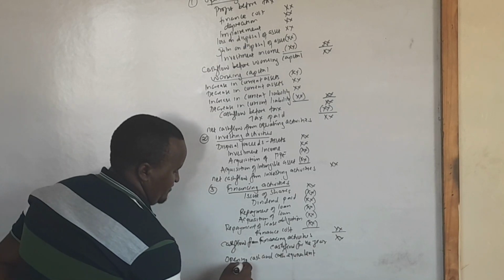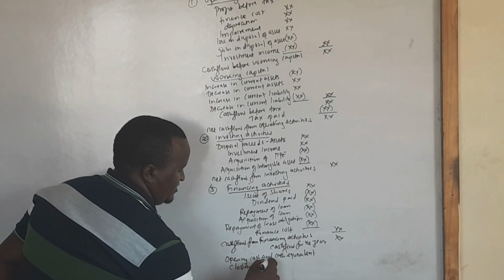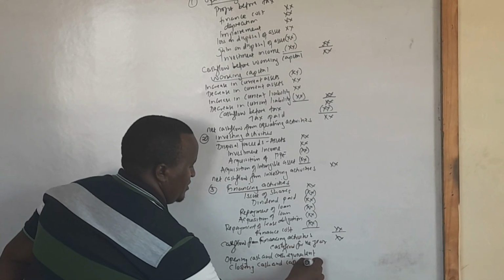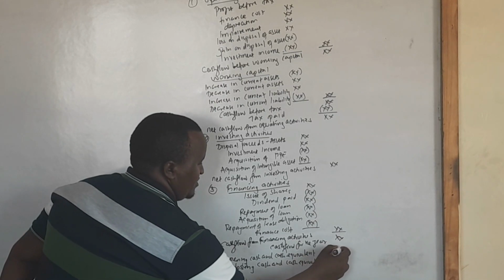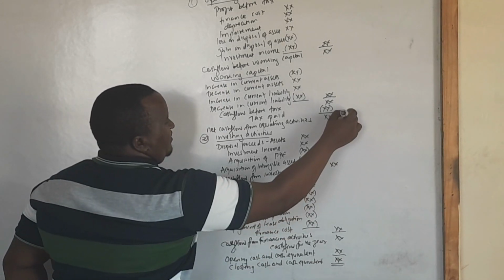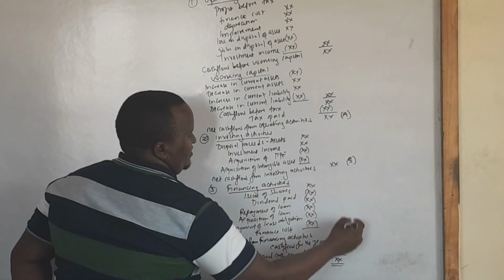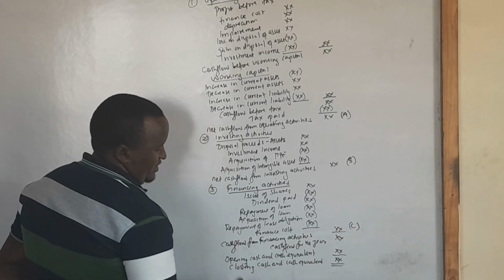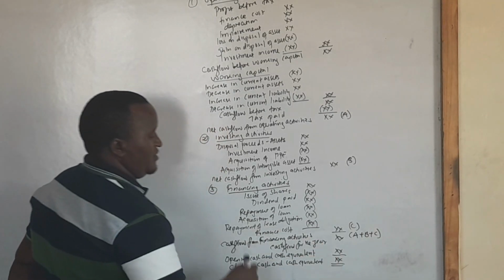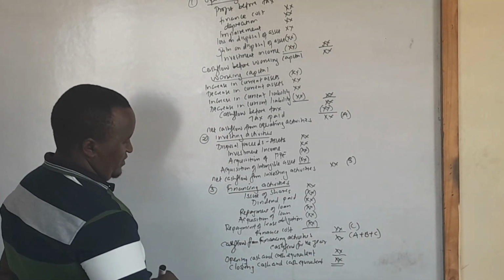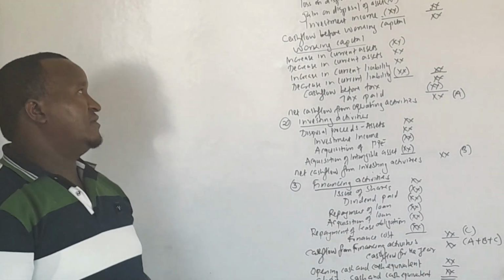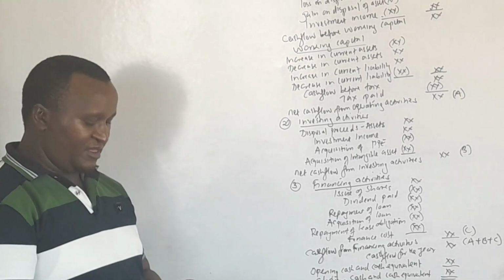We have closing cash and cash equivalent. Call this our A, this is my B, this is my C. So the cash flow for the year is A plus B plus C. That is our statement of cash flow, showing the three parts.